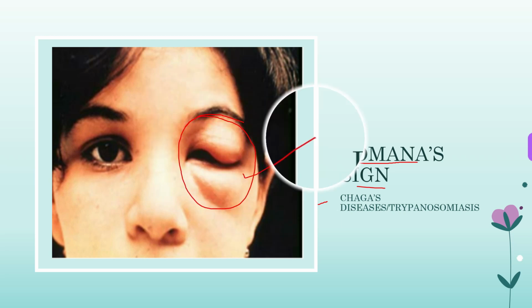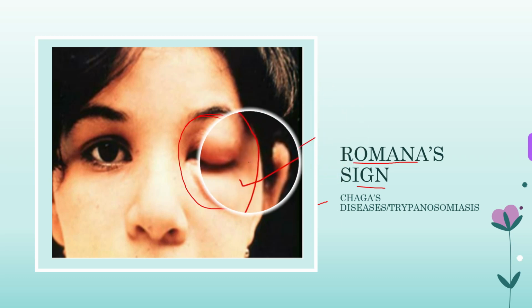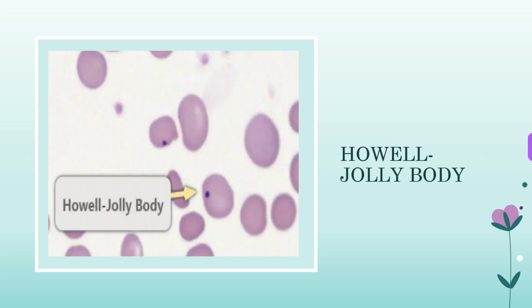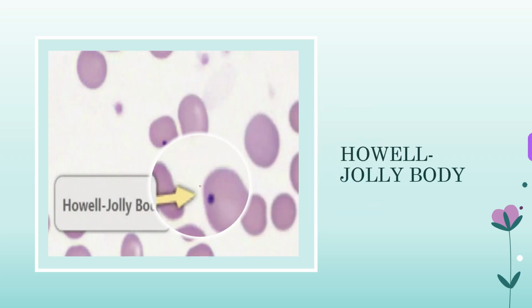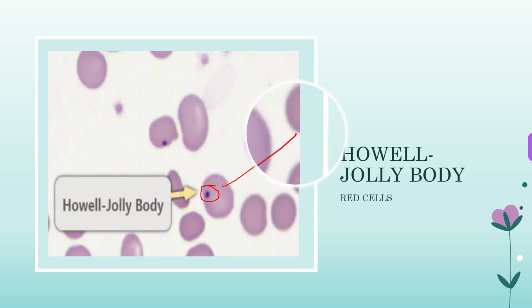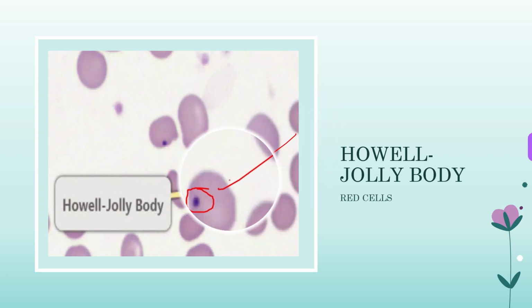Okay. Now next we have Howell-Jolly bodies. Howell-Jolly bodies are seen in, or you can say they are present in, red cells. That is, inclusion bodies such as parasites, nuclear residue in asplenic individuals and pathological conditions.